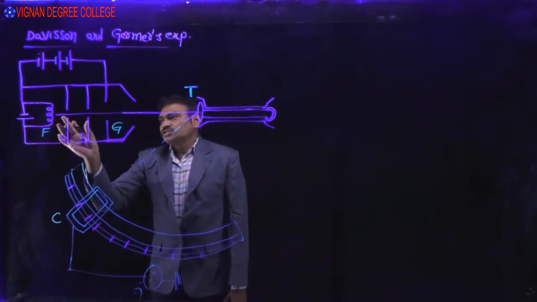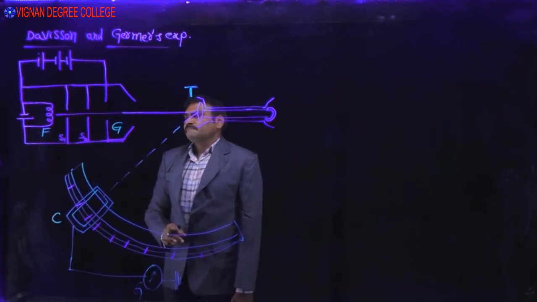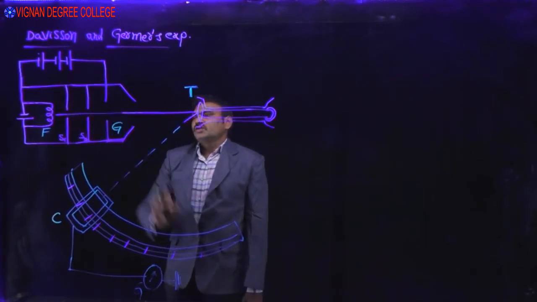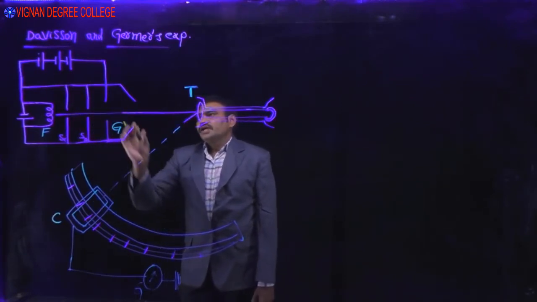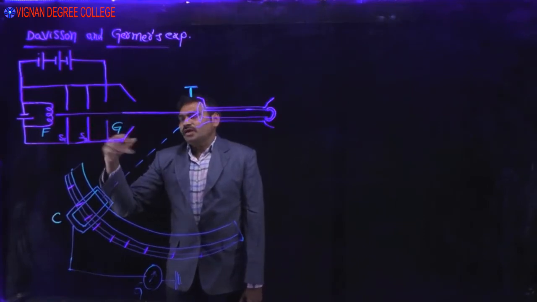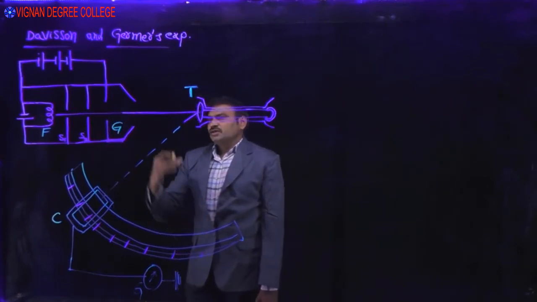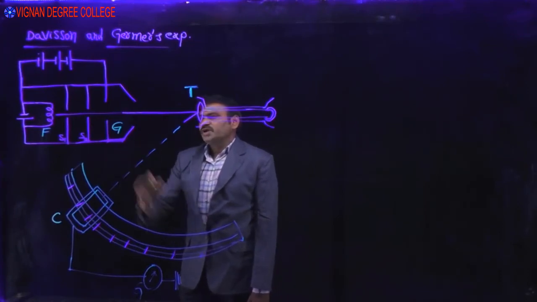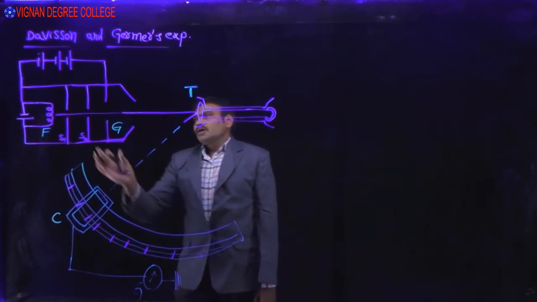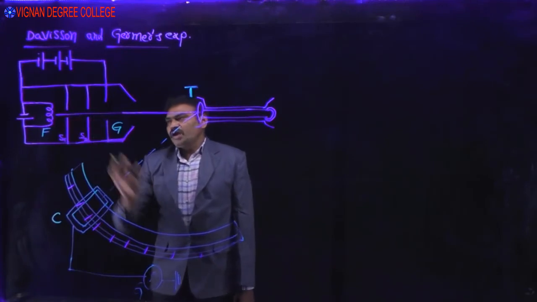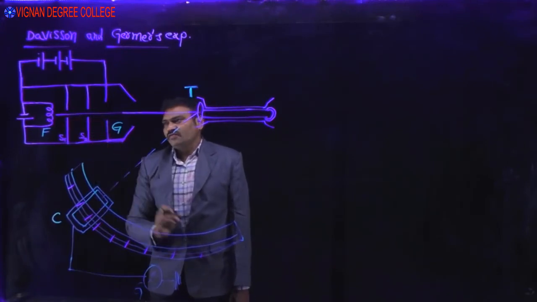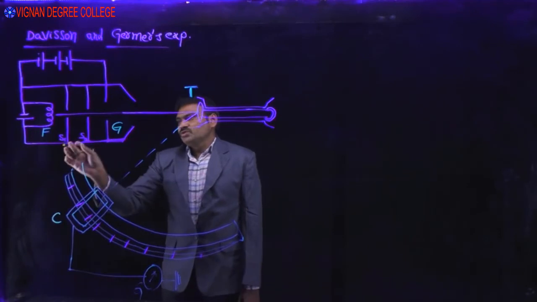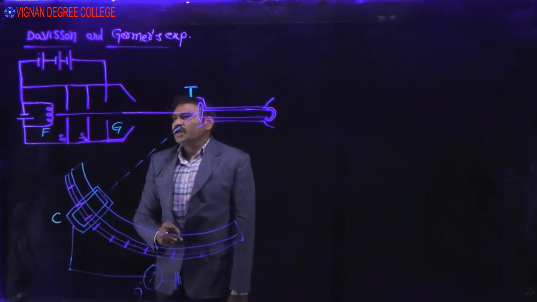The electrons are accelerated by giving a certain voltage. By giving higher voltages, the speed of electrons increases. The electron beam is made into a narrow beam, like a fine pencil beam, by using two slits, S1 and S2.